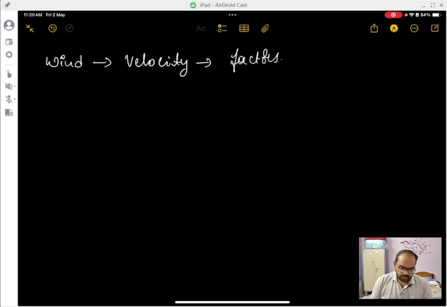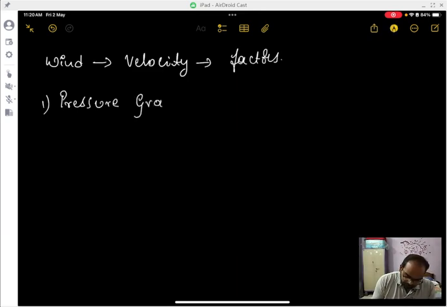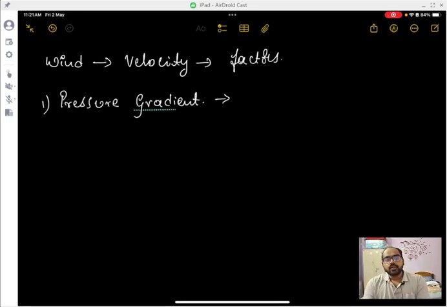The first one is pressure gradient. So what is pressure gradient? The difference of pressures between a high pressure area and a low pressure area is called the pressure gradient.